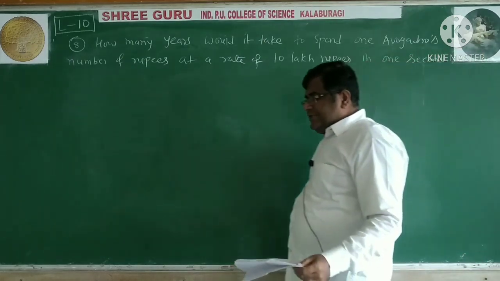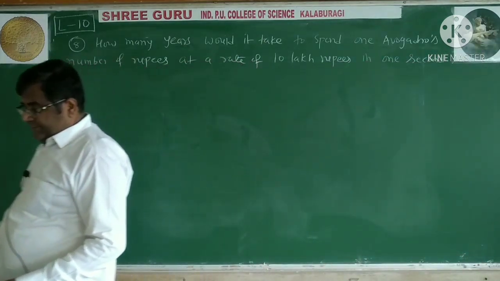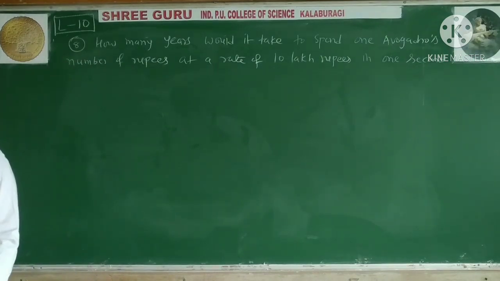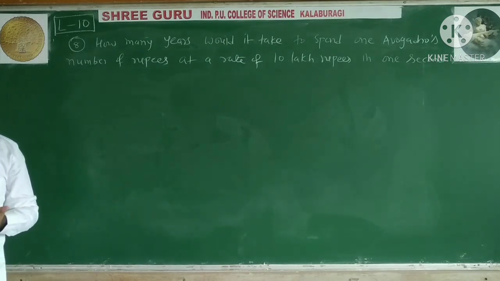If you are spending 10 lakh rupees, 1 million, per second, how many years would it take to spend Avogadro number, meaning 6.02 into 10 raised to 23 rupees?